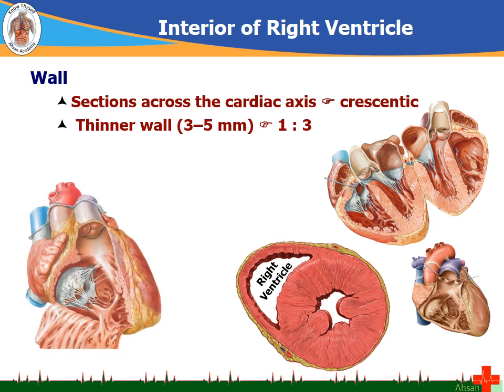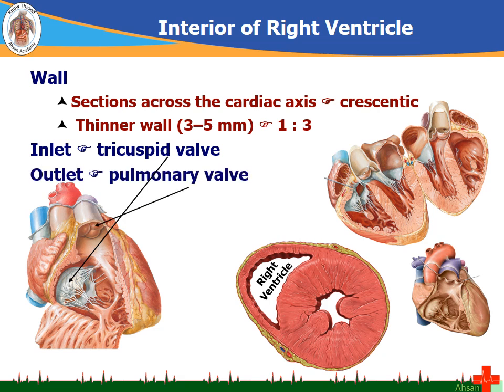The thickness of the wall is because the pressure against which the left ventricle has to pump is much higher than that on the right side. This is the tricuspid valve that guards the inlet of the right ventricle, and this one is the pulmonary valve that guards the outlet of the right ventricle.